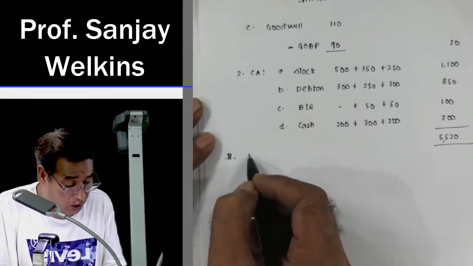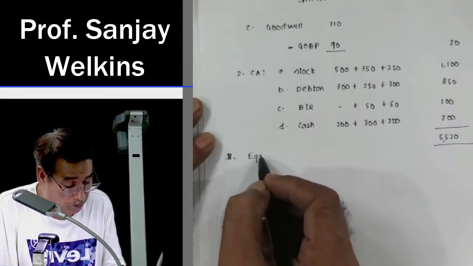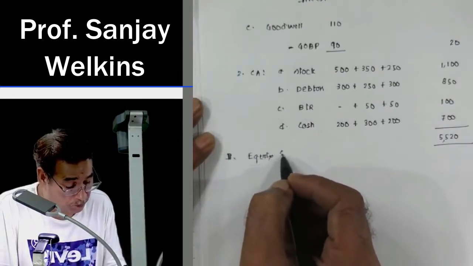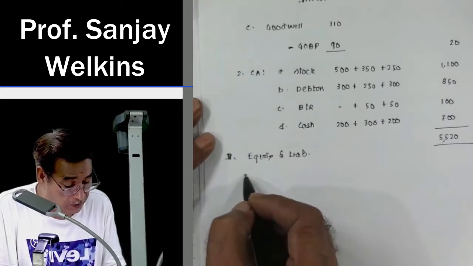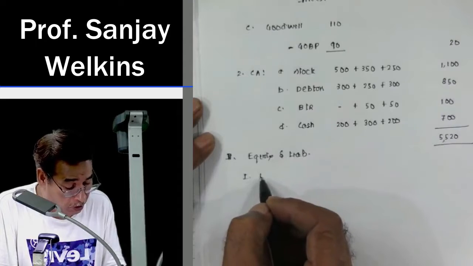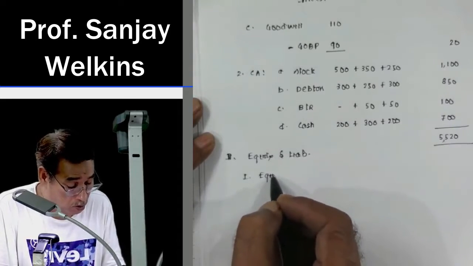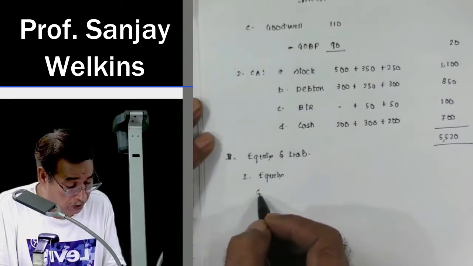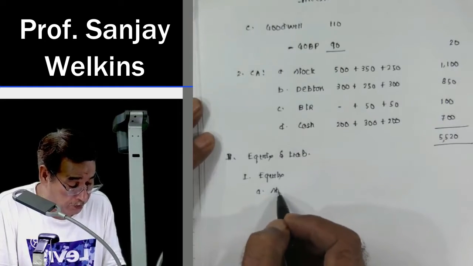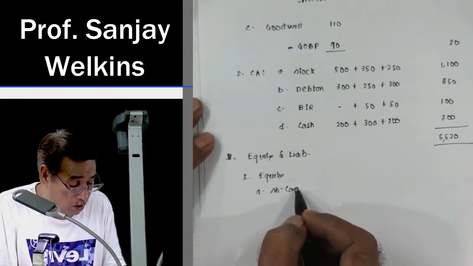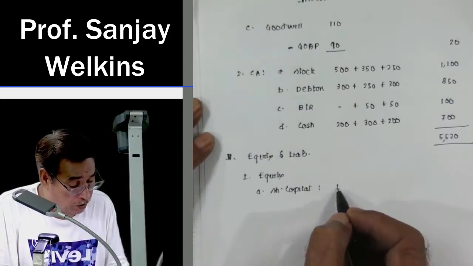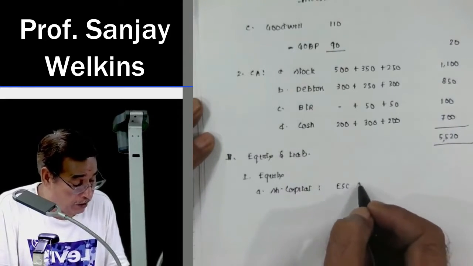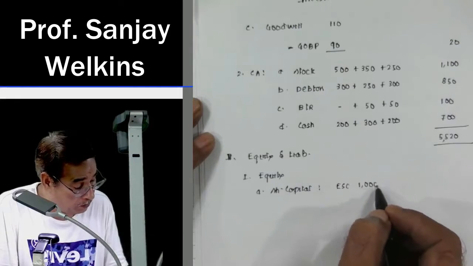Equity and liability. As far as equity and liability is concerned, one, equity. Under equity, you will write share capital first of all. Equity share capital of X Limited is 1000.